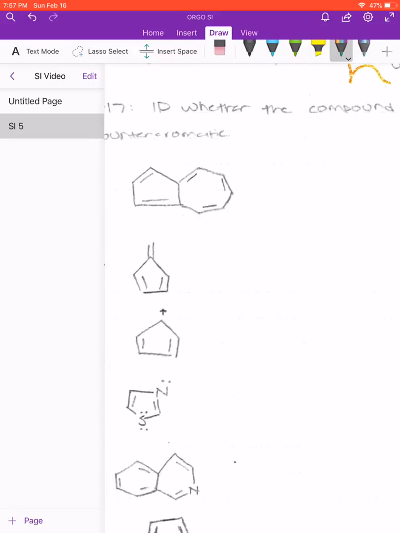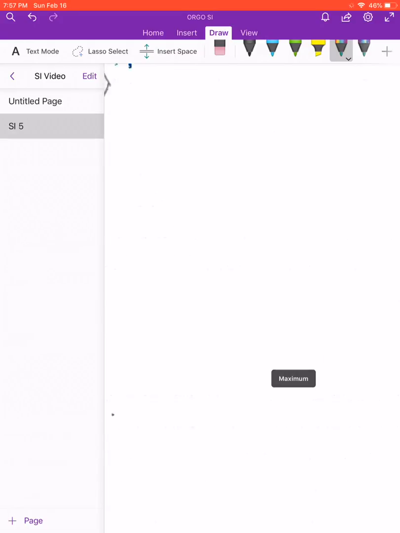This molecule is in fact aromatic, because it's conjugated, sp2, it satisfies Huckel's rule, and it has an odd number of electron pairs. Okay, so let's think about Huckel's rule again, 4n plus 2.